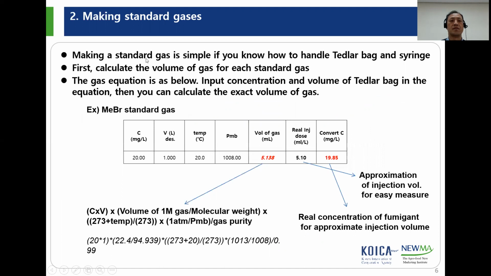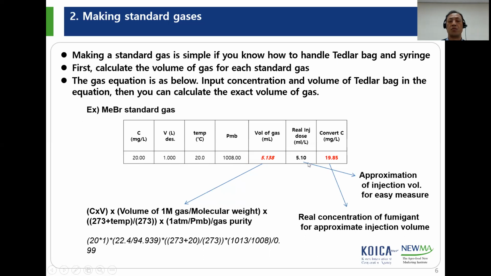Making a standard gas is simple if you know how to handle a tedlar bag and syringe. First, calculate the volume of gas for each standard gas. The gas equation is as below, this one. Input the concentration and volume of the tedlar bag in the equation, then you can calculate the volume of gas.